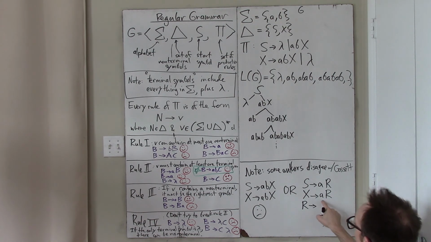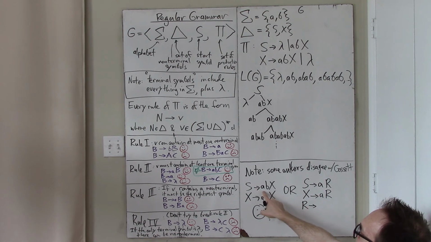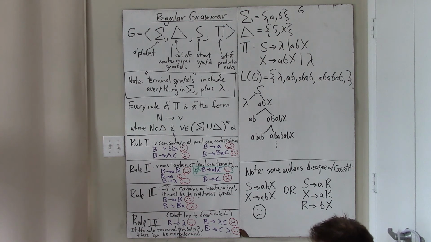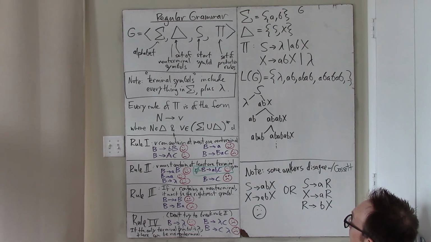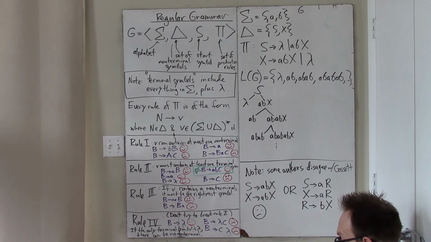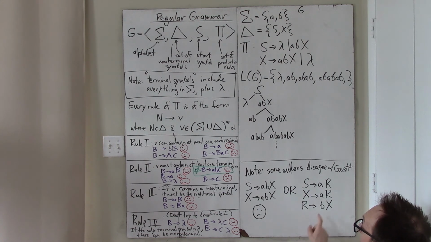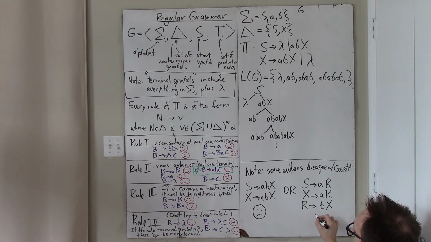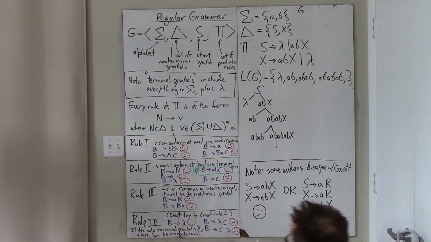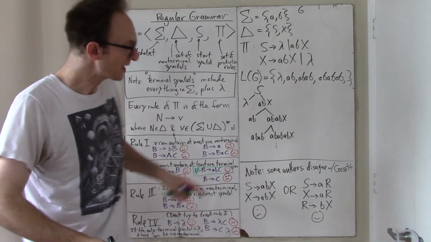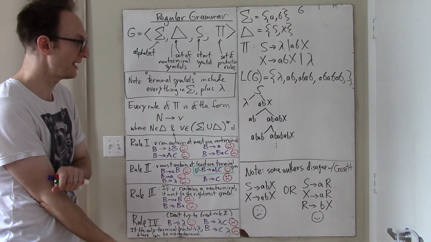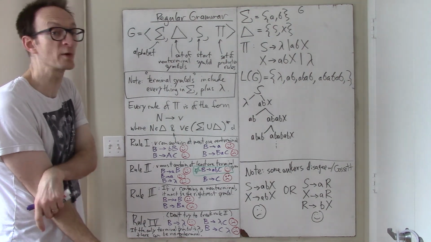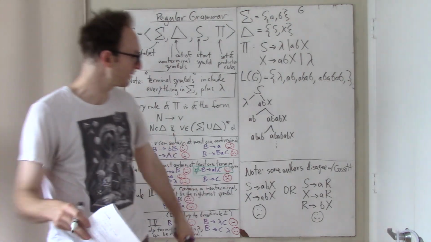Well, R just picks up where this rule left off, and R is just BX. These three rules over here on the right certainly follow all of Gossett's rules for the production rules of a regular grammar, but they also have exactly one terminal symbol per rule on the right-hand side, and I think you've seen that we've lost no power, right?